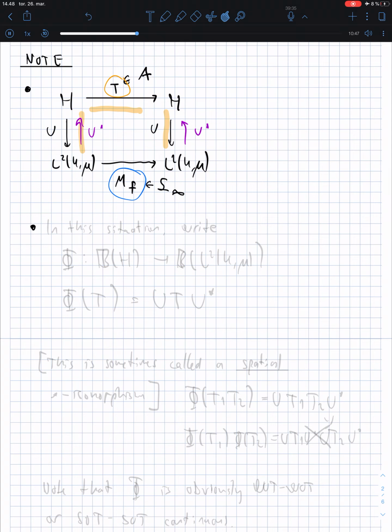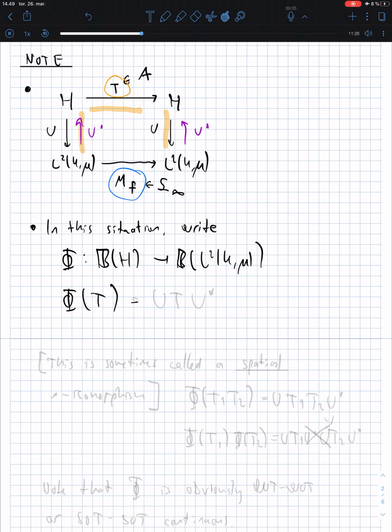Let me point out that this kind of way of moving a whole operator algebra from one Hilbert space to another Hilbert space is a very strong thing. Right? So in this situation, let's write perhaps phi, a map that goes from B of H to B of L2 K mu, defined just like this.